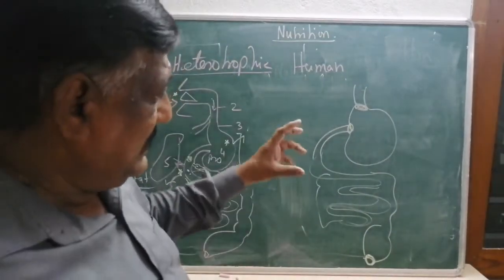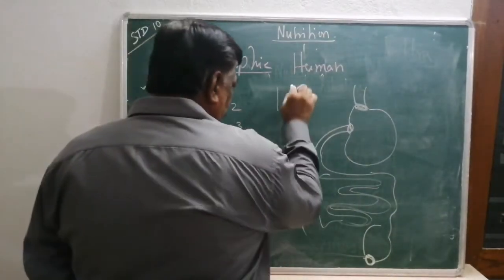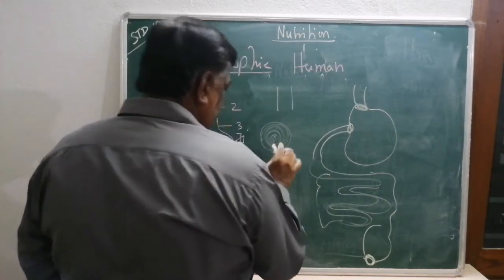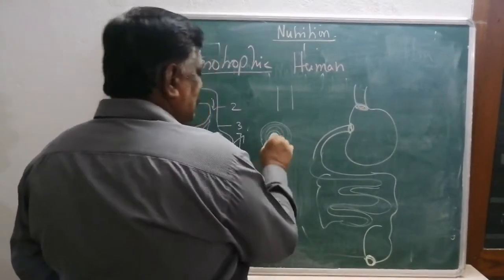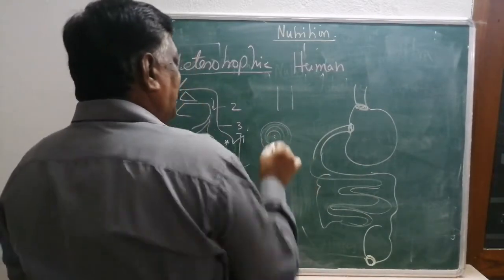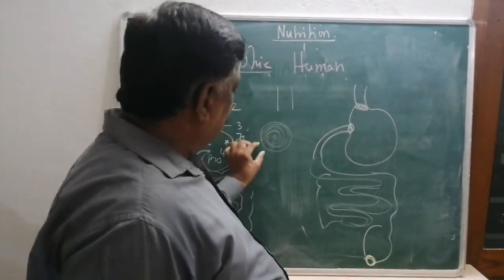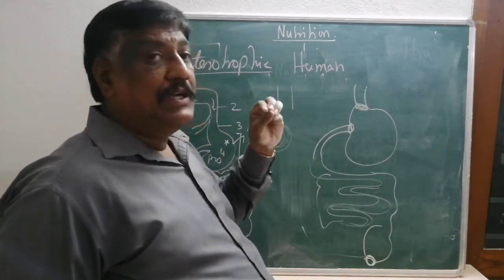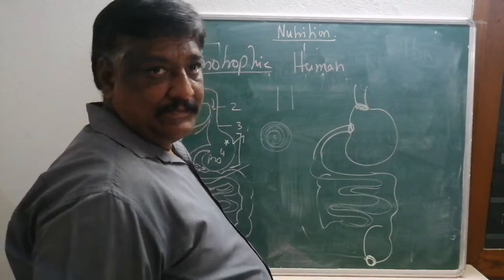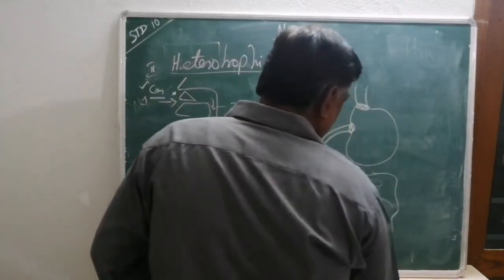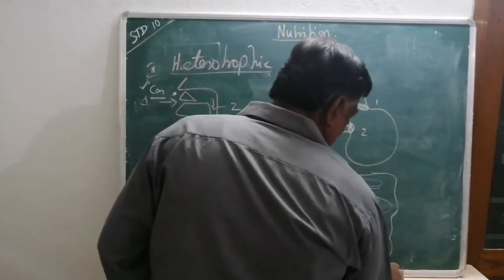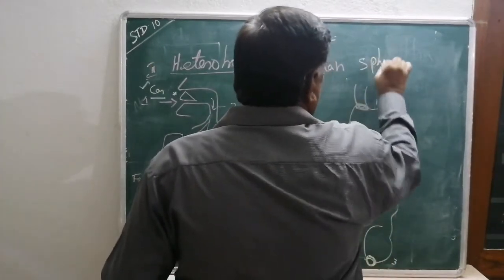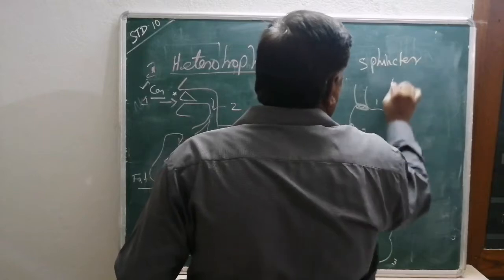In these three regions, it's a tube, right? The tube has circular muscles. This is the opening through which the food is going. The thickness of the circular muscles can contract and relax. It can control the openings. Such muscles, one, two, three, are present in the digestive system. They are called sphincter muscles.